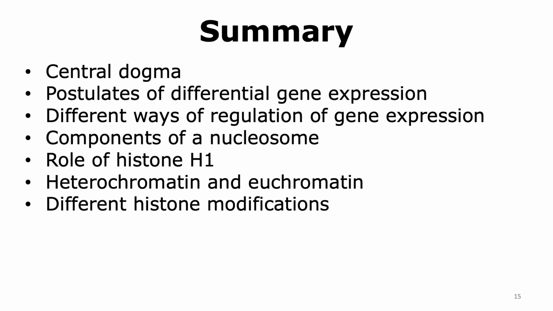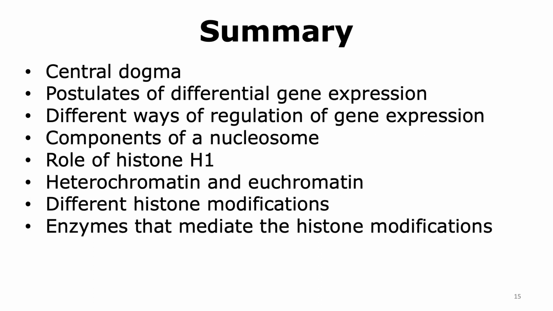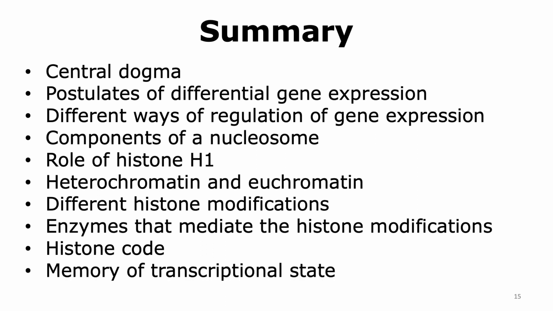We learned how histone modifications are able to convert heterochromatin into euchromatin and vice versa, and the various enzymes that mediate histone modifications. We learned about the concept of the histone code and how the histone code can sometimes help in retaining the memory of the transcriptional state of genes across different cell generations.